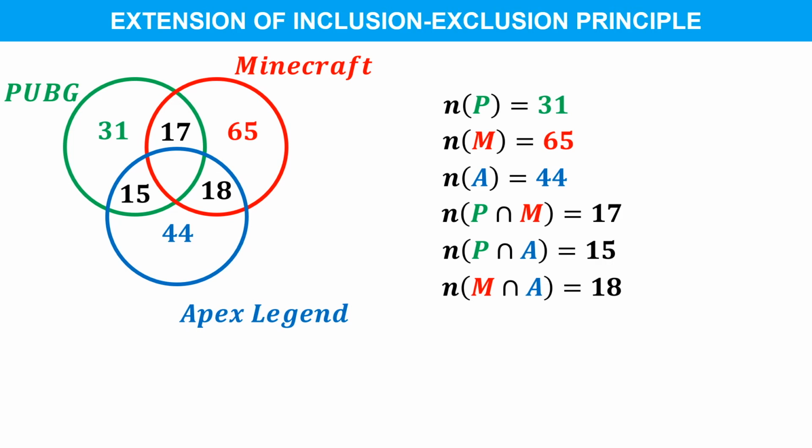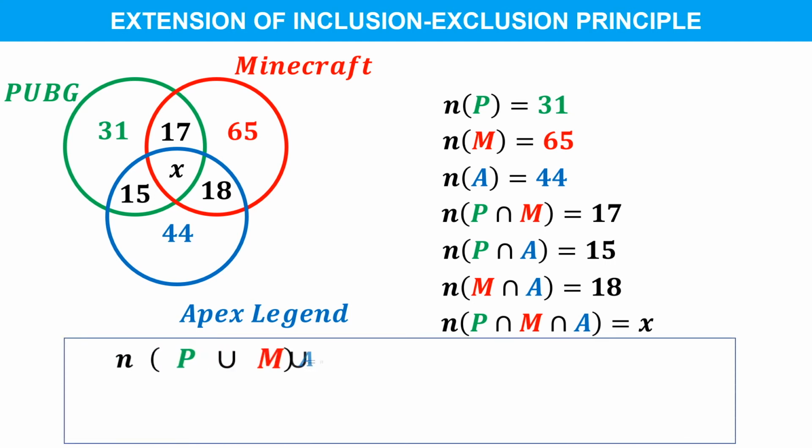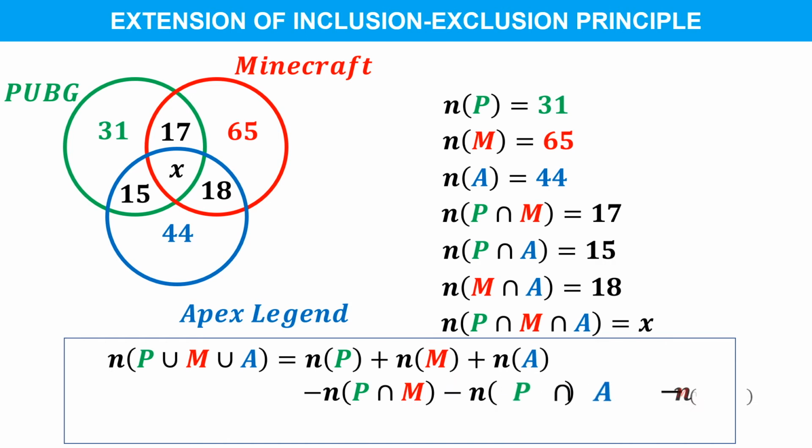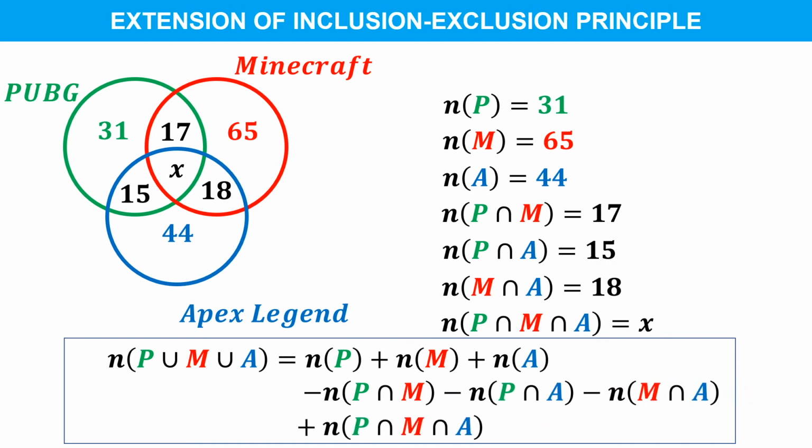Dahil hindi natin alam, tawagin muna natin itong X. Ngayon, i-substitute natin ang mga given values sa ating inclusion-exclusion equation. After substituting the values, solve for X. Tandaan, sabi sa problem, 100 ang lahat ng students na tinanong.